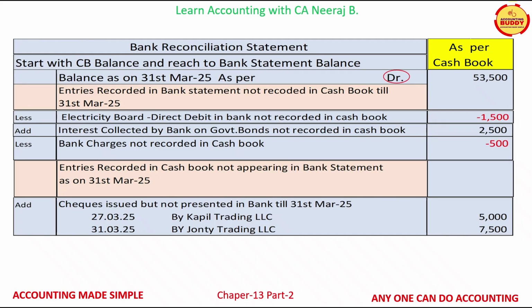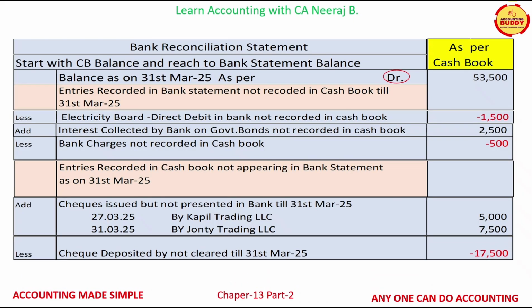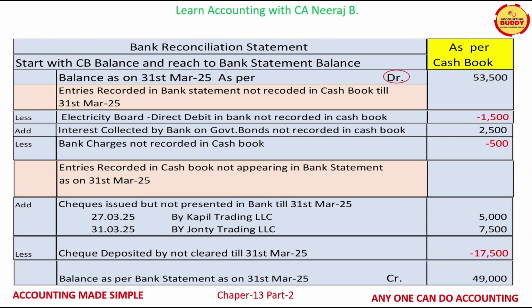Now a check for $17,500 is deposited in the bank but is not cleared and thus not credited in the bank statement. Once all these transactions are added or subtracted from the cash book balance, we will arrive at the balance of $49,000 as per bank book. This bank book balance will be denoted by the word CR, which means the account holder has an amount of $49,000 lying with the bank.